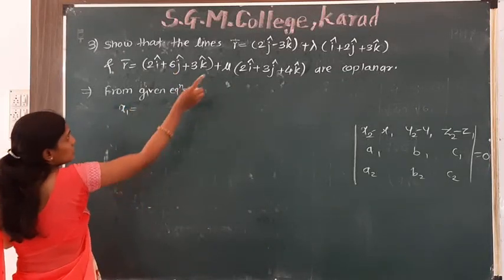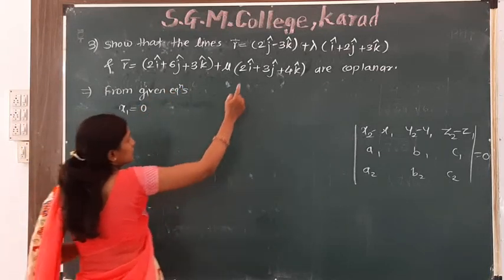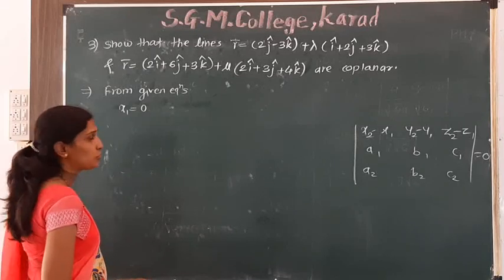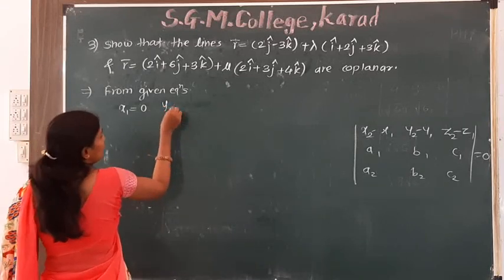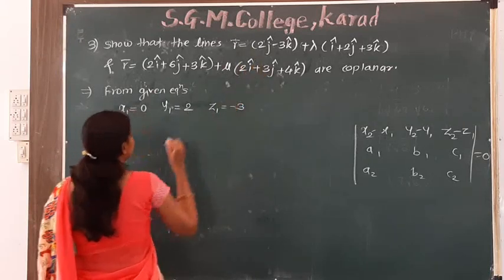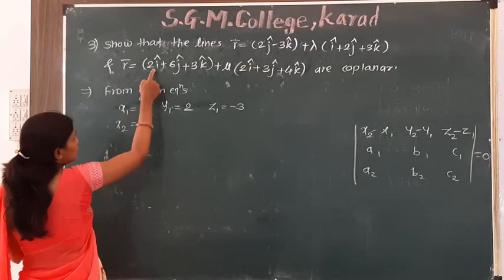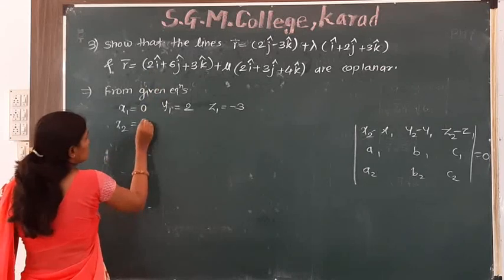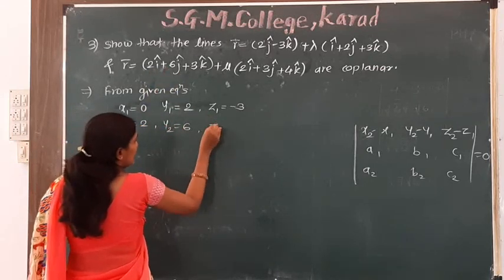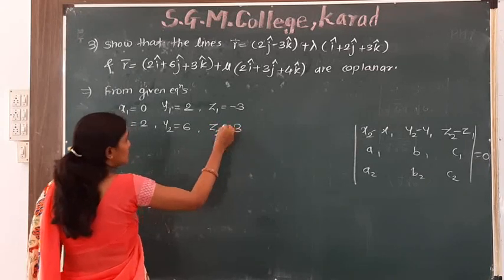So x1 is equal to 0. Here the i cap term is absent, so x1 is equal to 0. y1 is equal to 2 and z1 is equal to minus 3. x2 is equal to 2 from the second line equation, y2 is equal to 6 and z2 is equal to 3.